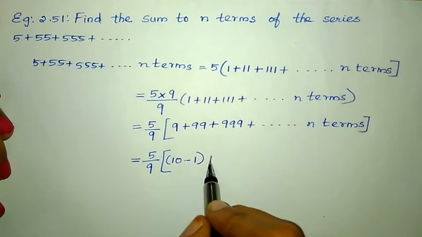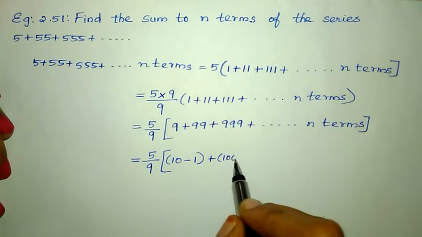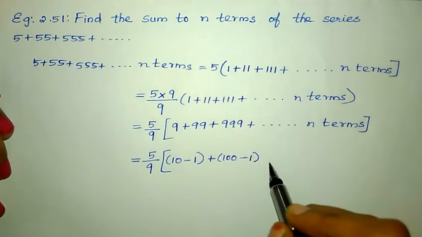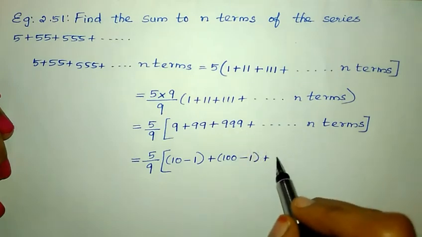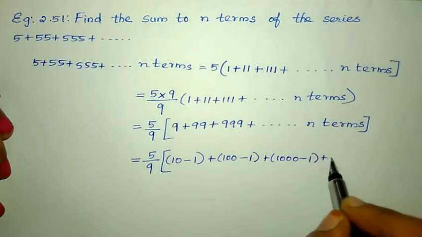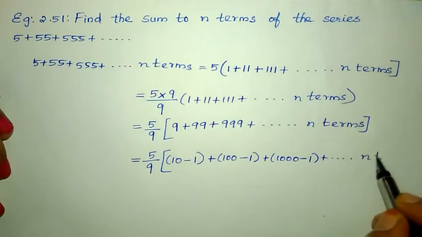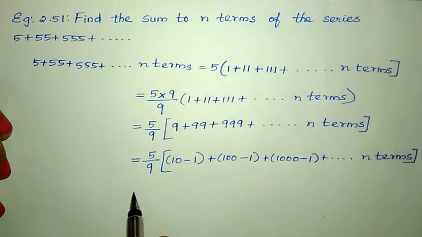10 minus 1 plus, we can write 99 as 100 minus 1 plus, we can write 999 as 1000 minus 1 plus etc. up to n terms, which is equal to 5 by 9.